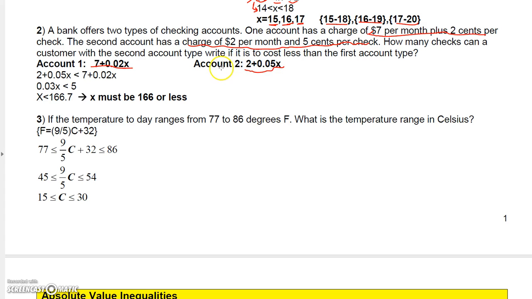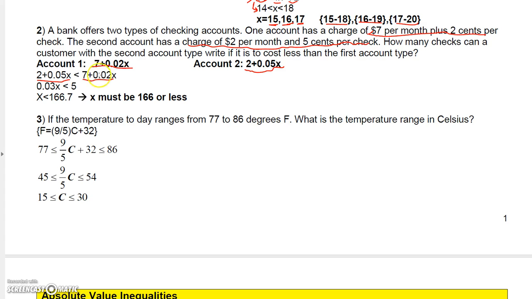Now I want the second account to be less. So I'm going to write the cost for the second account, less than, using the less than symbol, the cost for the first account. And then I'm just going to solve this inequality.